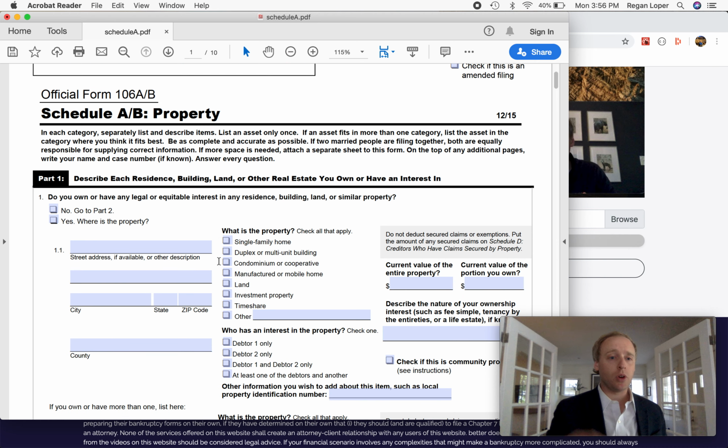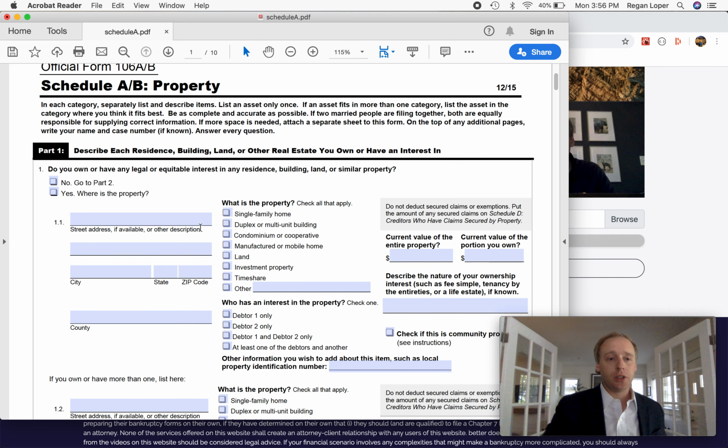Okay, so let's move on to part one, which is describe each residence, building, land, or other real estate that you own or that you have any sort of interest in. I would say, generally speaking, if you do own land, including your home, I would highly encourage you to consult with a bankruptcy attorney and to consider hiring one.